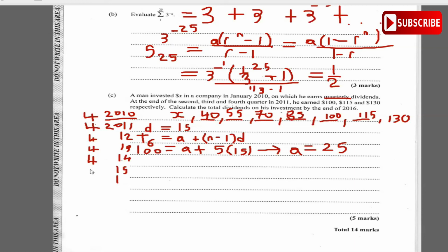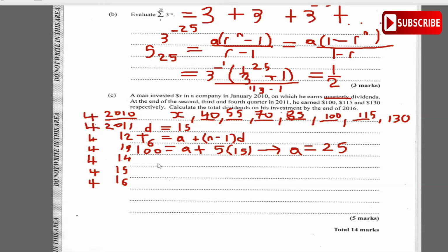These are going to be the total amount of dividends. So it's going to be 4, 8, 12, 16, 20, 24, 28. So in total, there are going to be 28 dividends over this time frame.